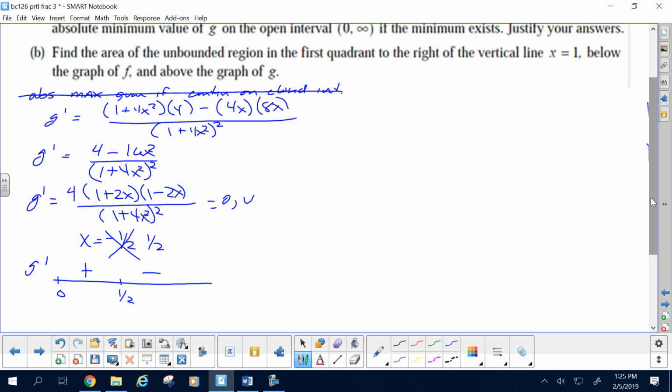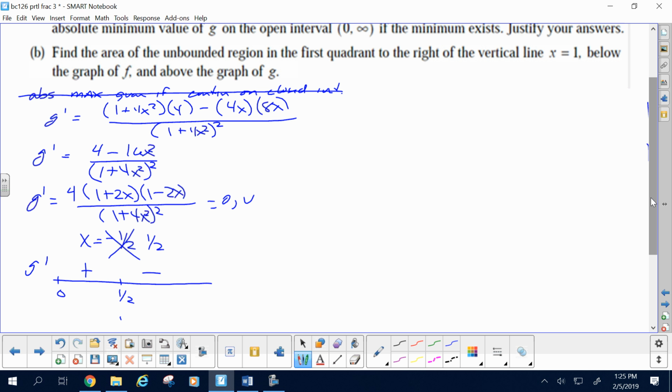So if I were to make a doodle of this graph, the graph is increasing all the way up to 1/2, the only place it has a critical number, and then is negative for all x forevermore after. So what must be going on there?